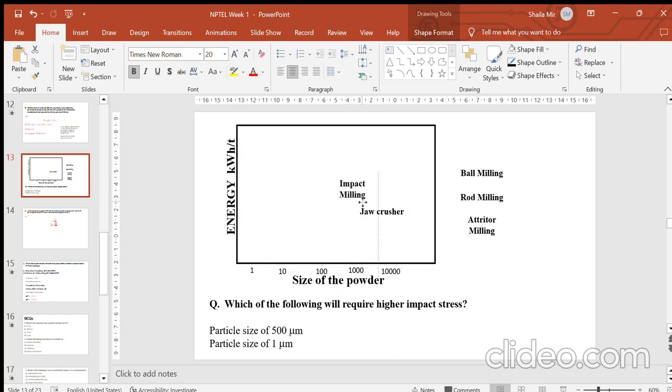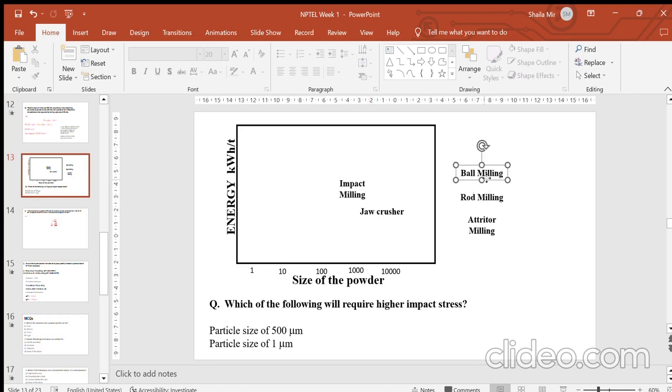So for example, now we talk about the impact mill. Where can we put this impact mill appropriately? I think it can have slightly higher energy requirements, but you can achieve smaller particle sizes in this mill. So if you go for a jaw crusher, you will have a larger particle size, but the energy required is decent.